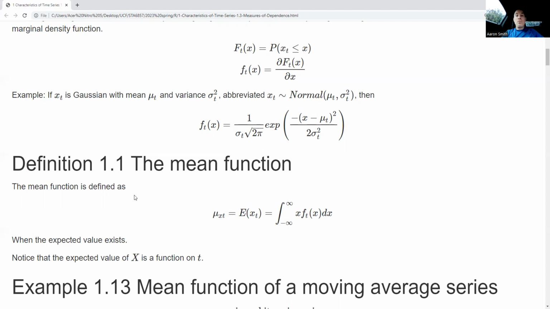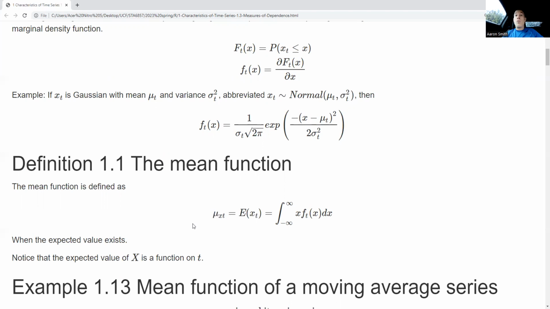Just like in the rest of statistics, we're going to have the mean, and the mean will be defined exactly how we would expect. I take the integral of the variable times the density function, integrating over all possible values. If it's discrete, then I'll be doing the summation. Assuming that this is finite, assuming that it is defined, we will get our expected value, and we will denote that with mu, just like in the rest of statistics.